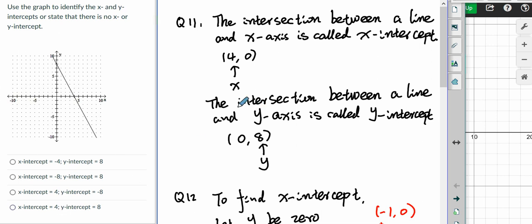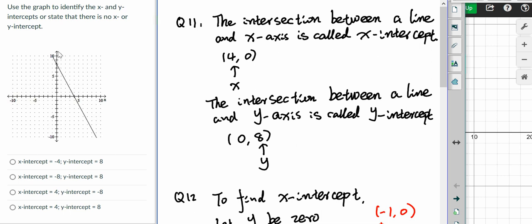Now, similarly, the intersection between a line and the y-axis is called the y-intercept. In this case, counting 5, 6, 7, 8, it is right here.